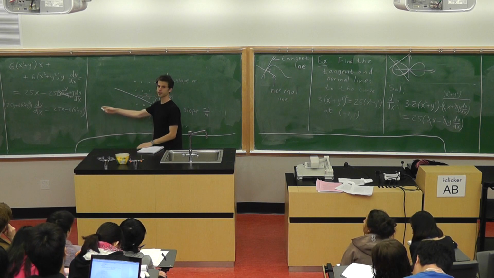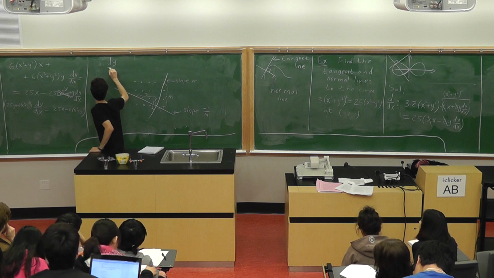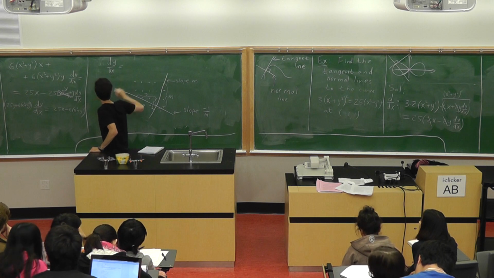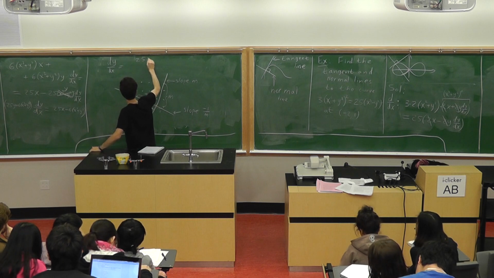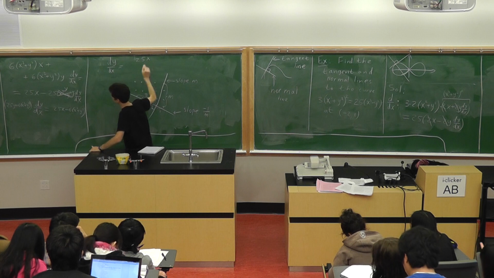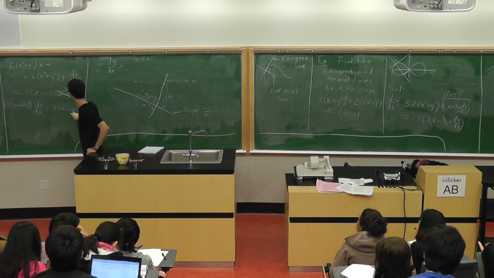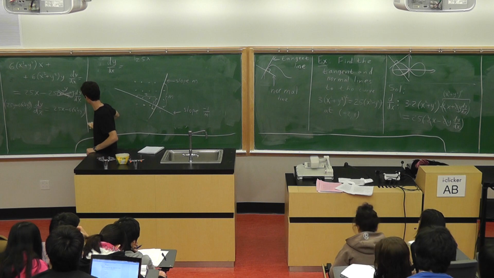So now I can finally find the expression for the derivative. dy by dx is 25x. And did I make another mistake? Yes. So here it was 6 times this times x.